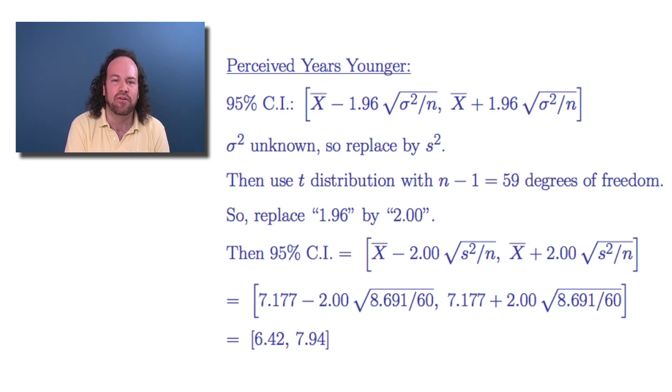And it works out to an interval between 6.42 and 7.94. So this tells us that the true mean of the number of years was somewhere between these two numbers. And that's how we get a 95% confidence interval for this mean, this unknown mean in terms of number of years.